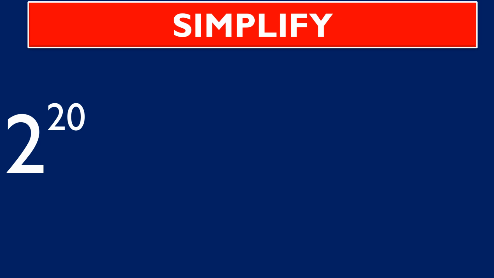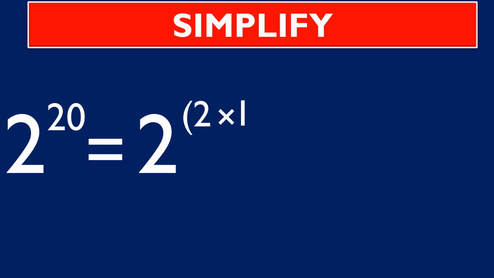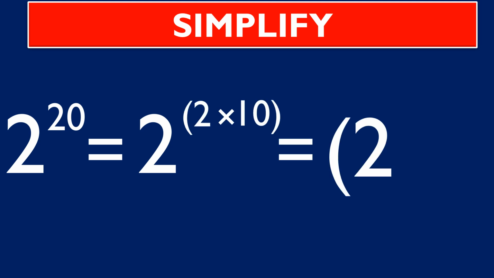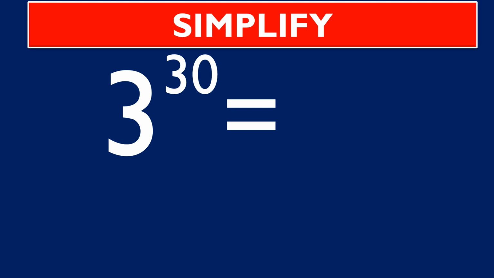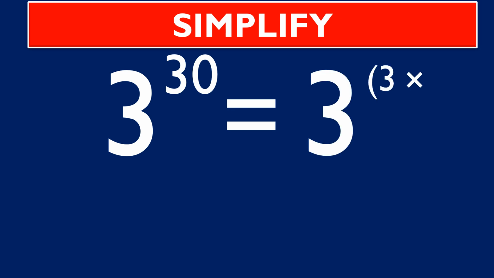Looking at 2 raised to the power 20, it is the same as 2 raised to the power 2 times 10, which is also equal to 2 raised to the power 2 raised to the power of 10. Similarly, we have 3 raised to the power 30, which is the same as 3 raised to the power 3 times 10.